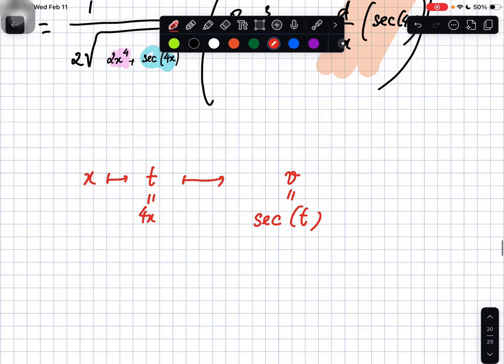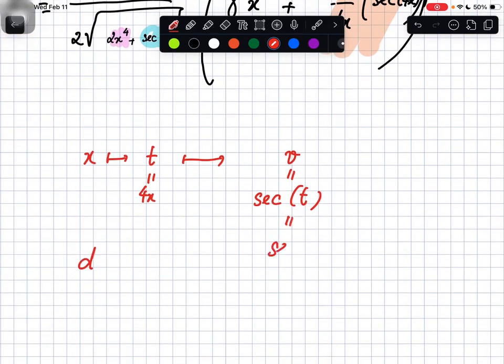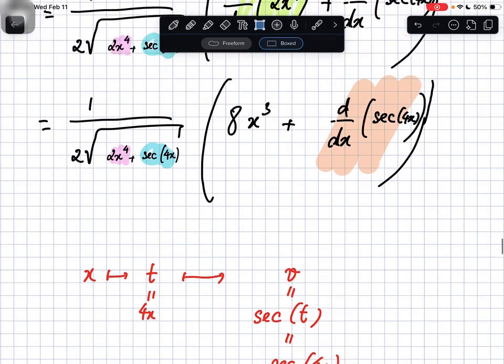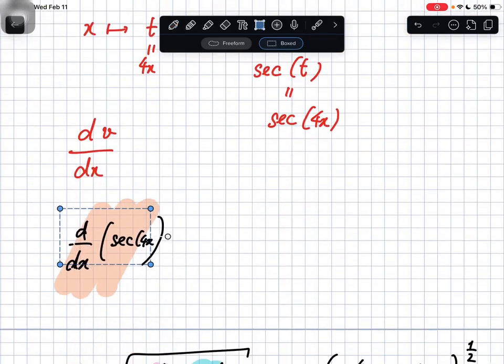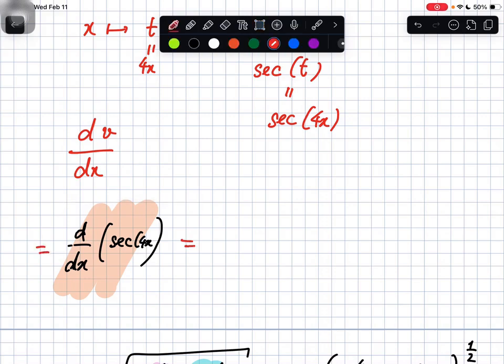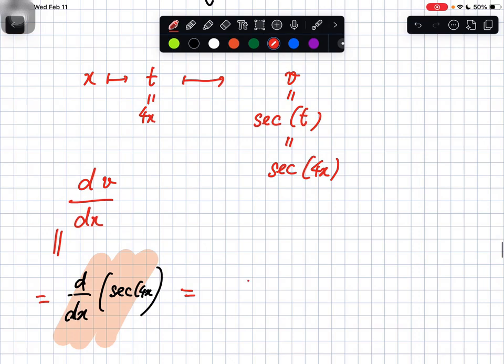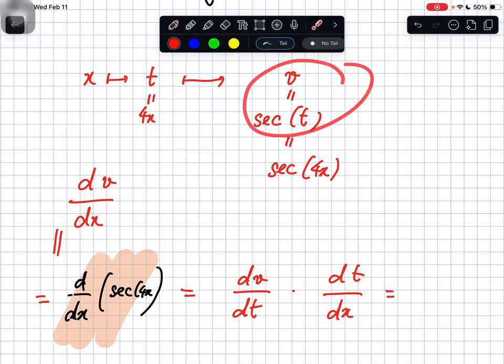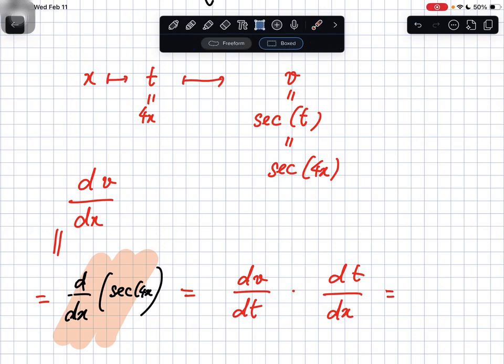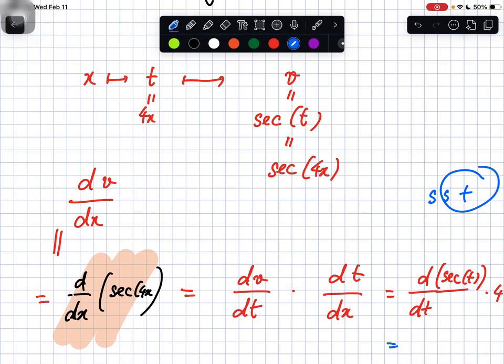So d over dx of secant 4x is dv over dx, which is actually dv over dt times dt over dx. dv over dt is d over dt of secant t, and dt over dx is the derivative of 4x, which is 4. The derivative of secant is secant tangent.